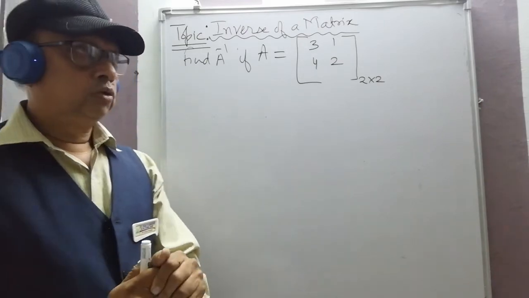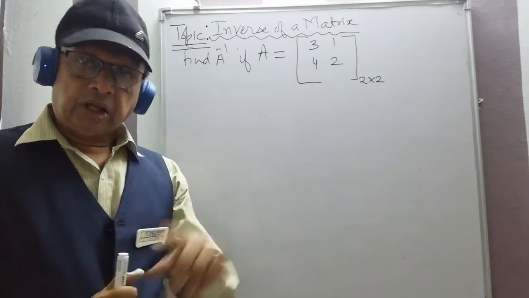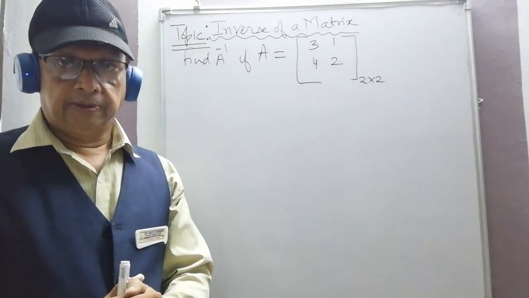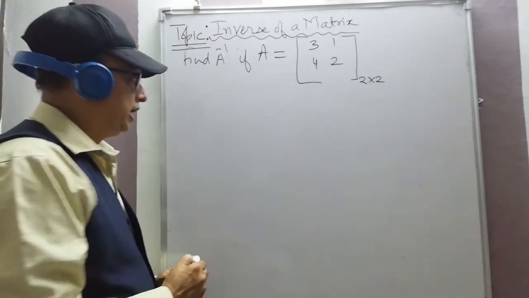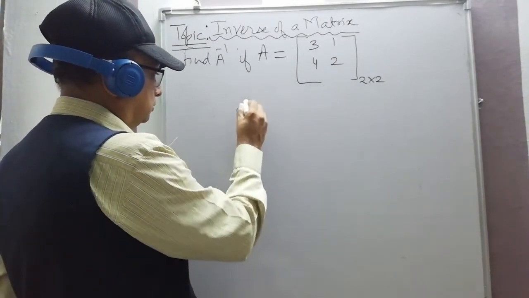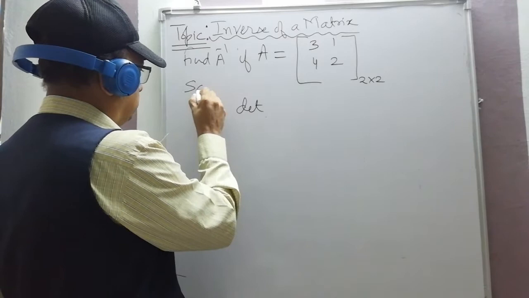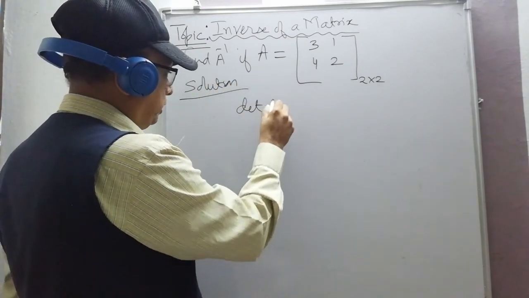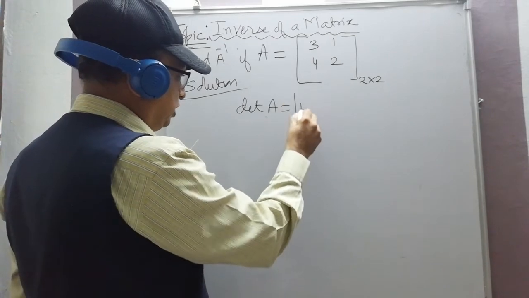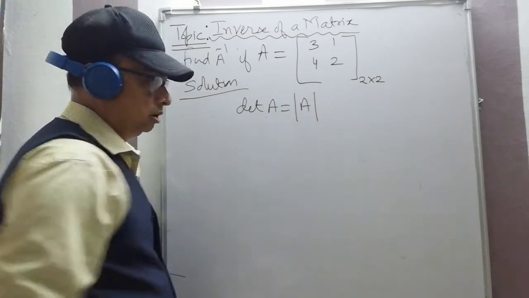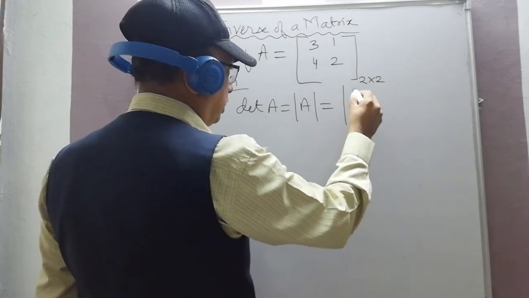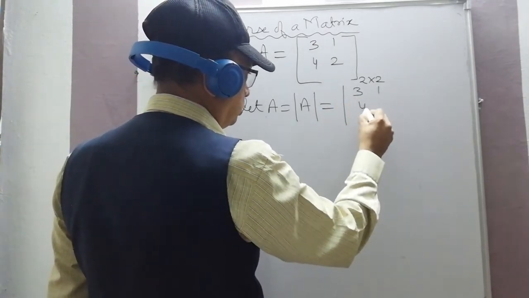Now, first what I will do, I will find the determinant of this matrix. Okay, I am writing it. Det A for solution. First I will find determinant A. That is, this will be 3 1 4 2.